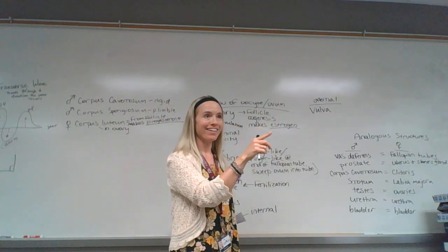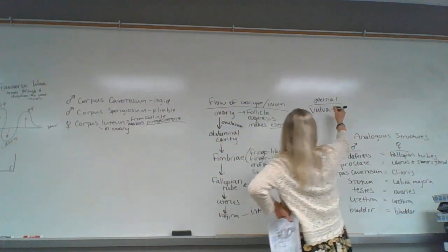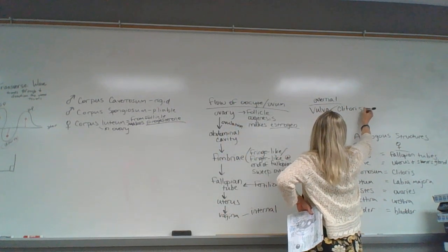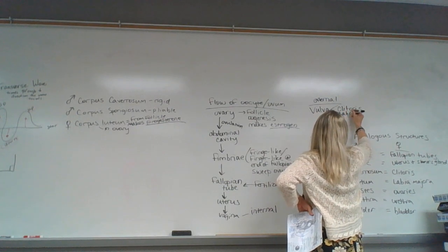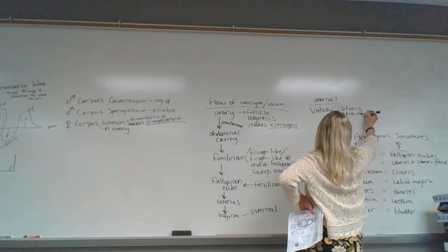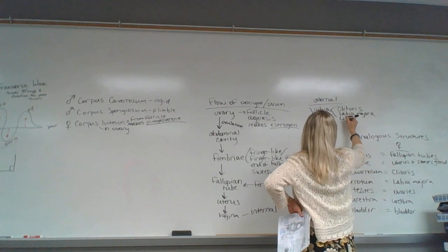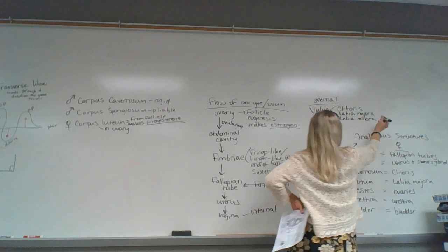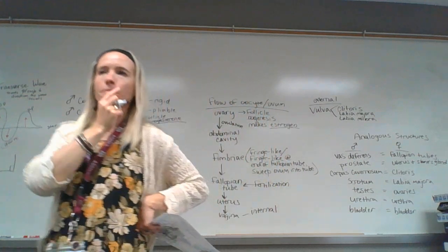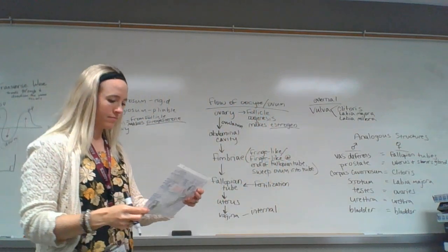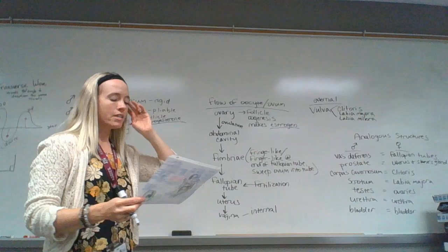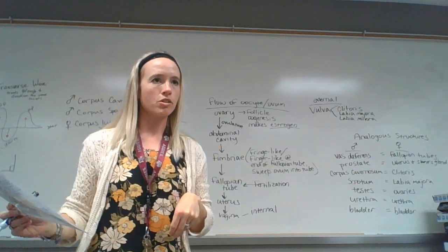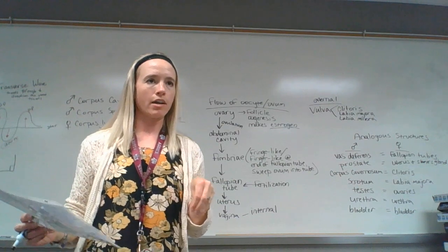You got it, the clitoris. The vulva is made up of the clitoris, the labia majora, which is the larger outer one, and the labia minora. Definitely know the difference between external structures and internal structures of the female reproductive tract.